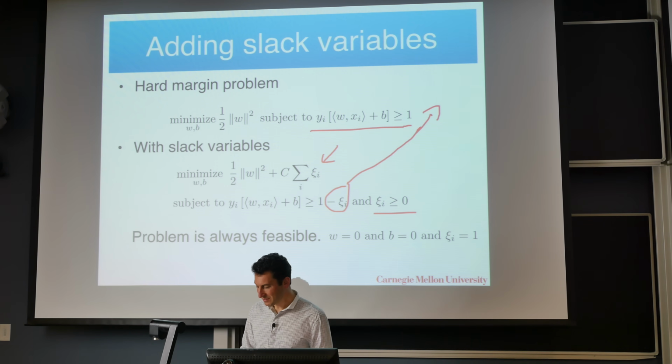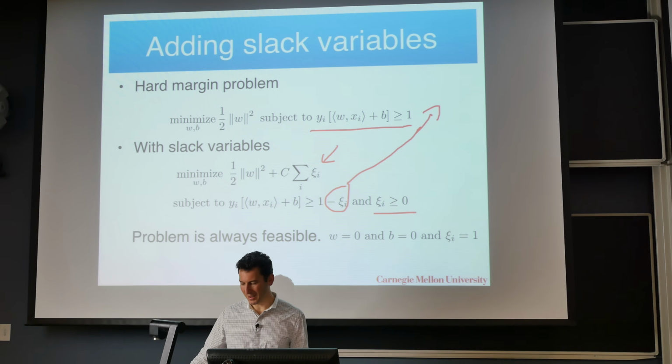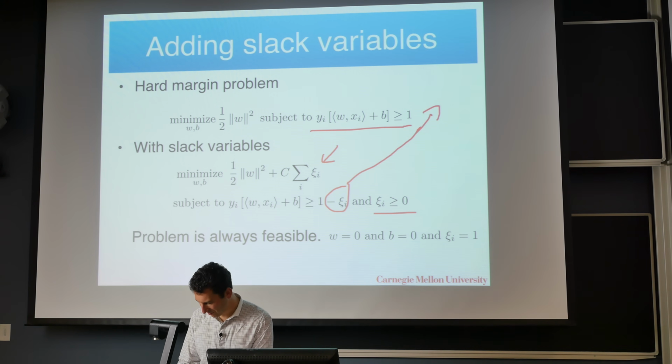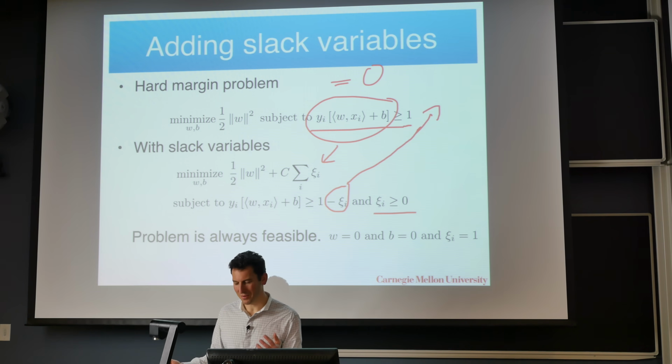So now the problem is always feasible, because all I need to do is set w and b equals 0, and set the psi i's to be 1, and then if I set w and b to 0, this term here will be 0, and with the psi i's being 1, it will just get 0 greater or equal than 1 minus 1, so that's trivially satisfied.